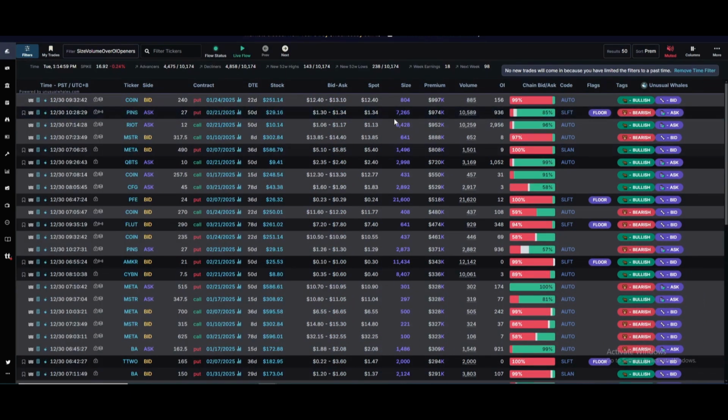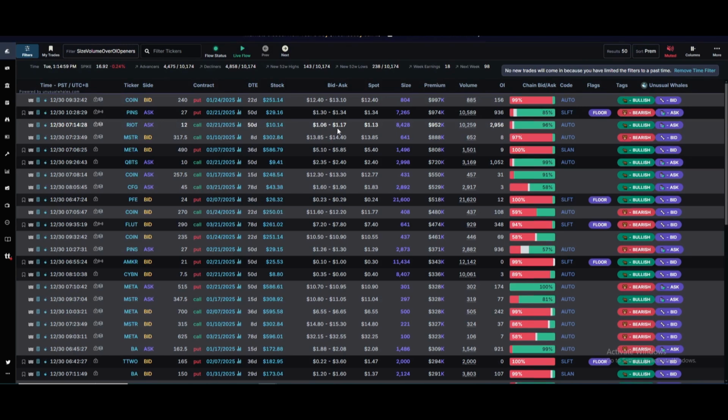So going down this screen, there's one of the transactions, RIOT. So RIOT, they bought the 12 calls, and they bought it for 221 expiry, 50 days out. They bought a total of $952,000 worth. It was mainly 96% on the ask. This is a bullish trade from what the label shows right here.